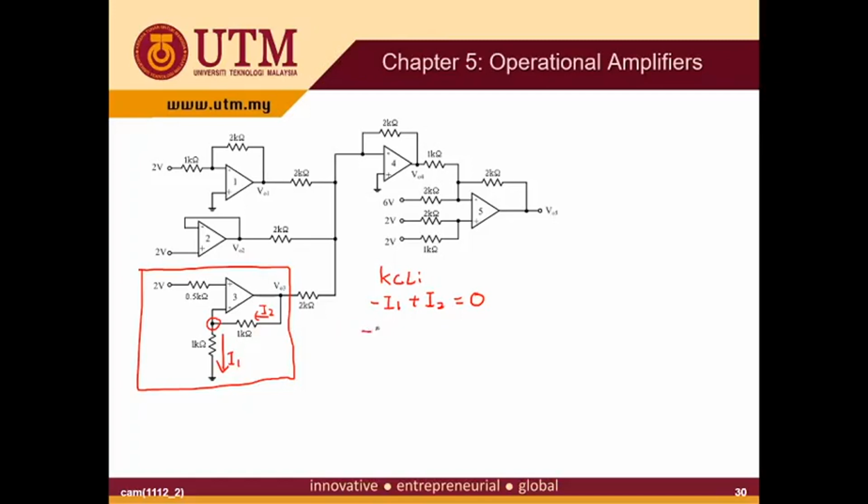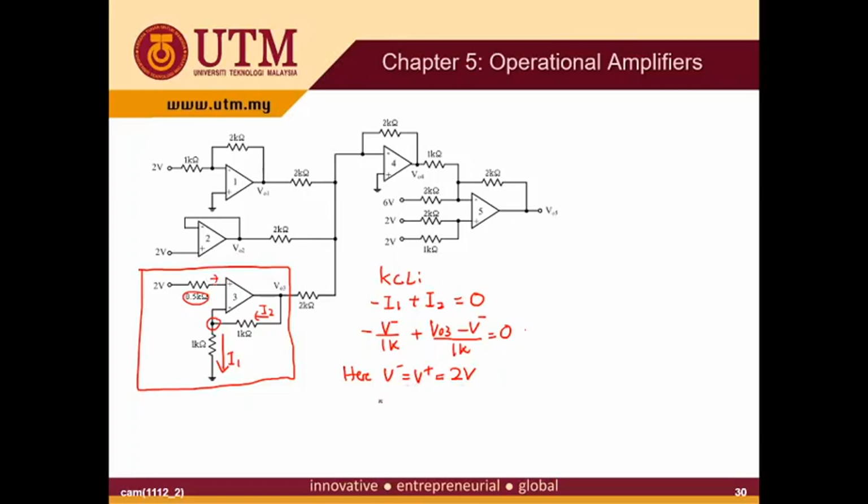So this is minus V minus over 1K plus I2, which is (V out 3 minus V minus) over 1K, equal to 0. Here you know that V minus is equal to V plus, which is equal to 2 volt. This 0.5 kilo ohm does not matter because the input current is 0.